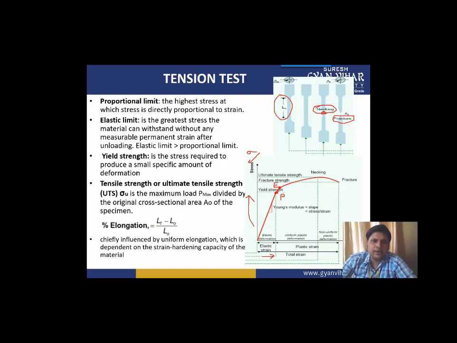Beyond this elastic limit, if you increase the stress, strain will not increase proportionally, it will increase at a faster rate. So this point is the proportional limit, then you get the elastic limit, and beyond it strain increases at a faster rate with stress. After that you will get a graph like this.